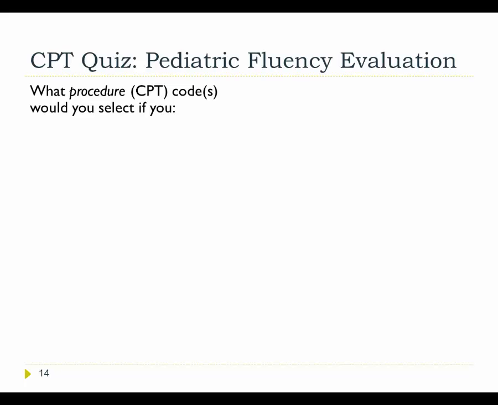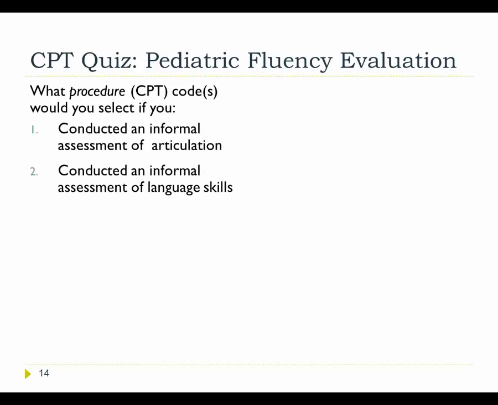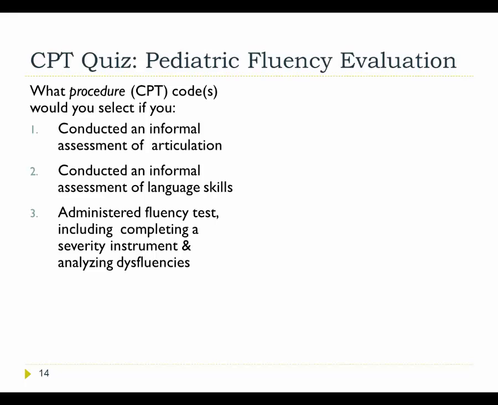Here is your first quiz. What procedure codes would you select if you conducted an informal assessment of articulation, conducted an informal assessment of language skills, administered a fluency test, including completing a severity instrument and analyzing disfluencies, performed an oral motor exam, and screened for hearing?